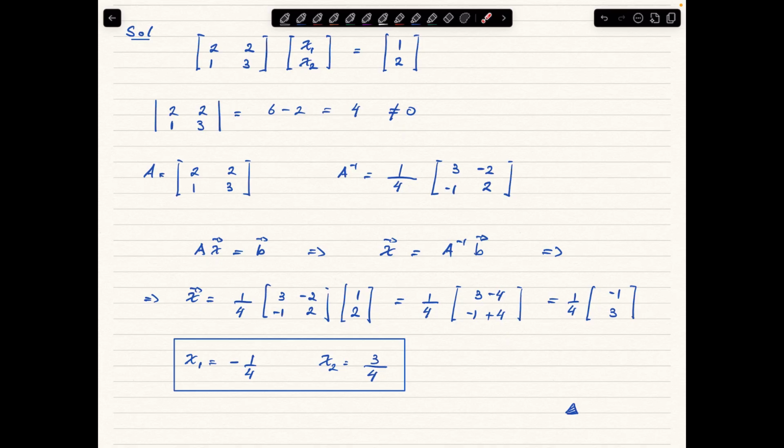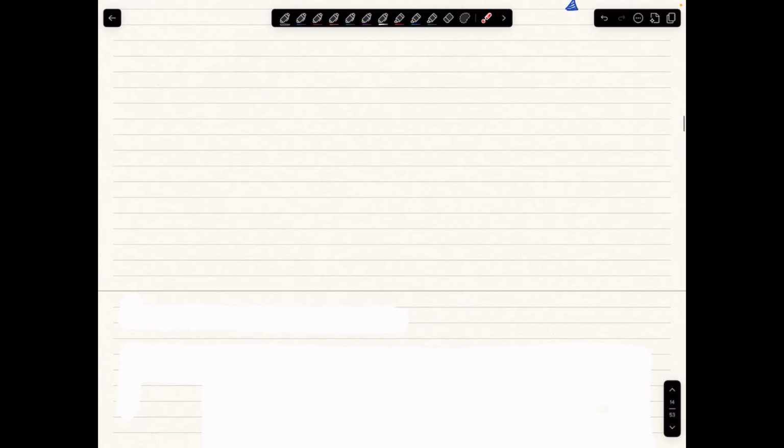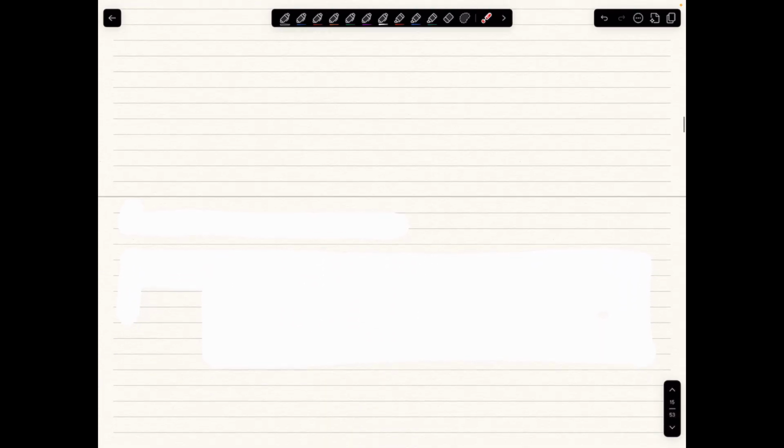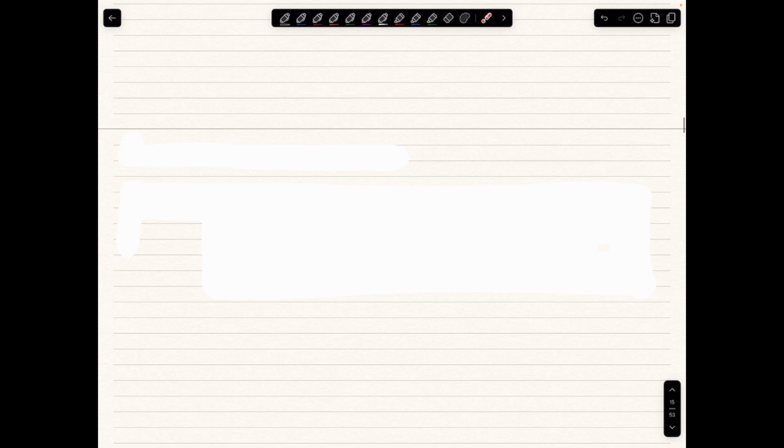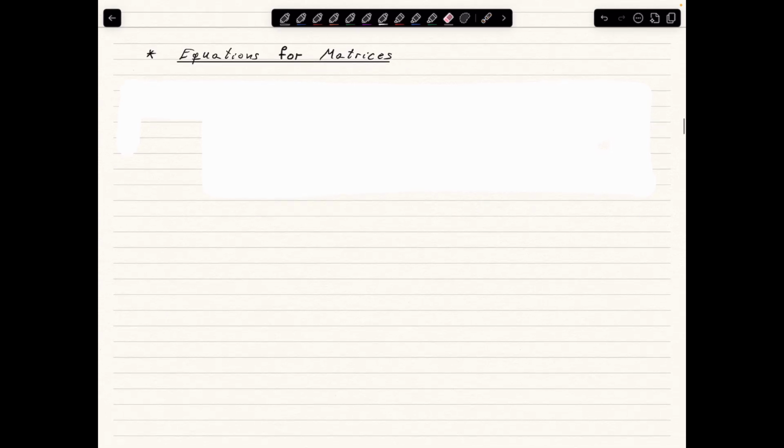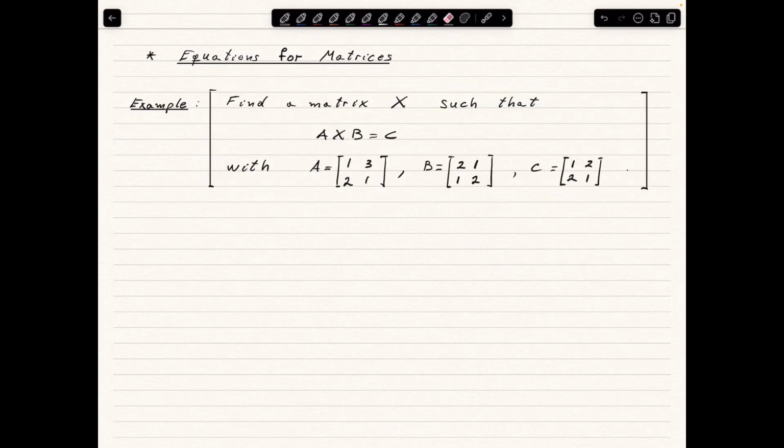Another example where we can use the inverse of a matrix and all we know about matrix algebra is to solve equations where the unknown is a matrix. For example, this equation here: find a matrix X such that this equation is satisfied where matrix A is this matrix, B is that matrix, and C is that matrix.